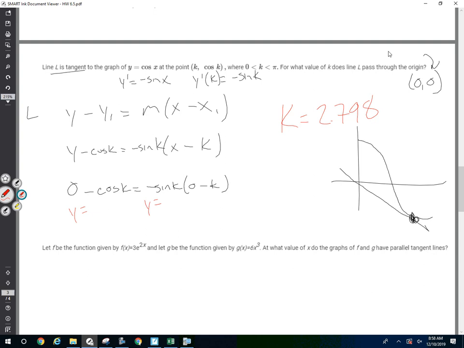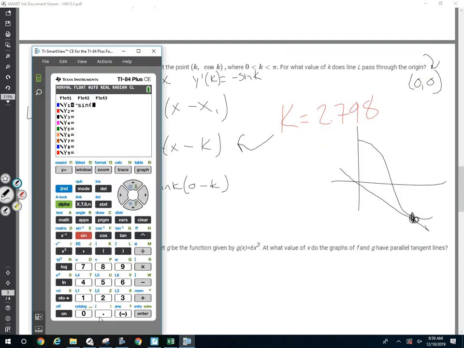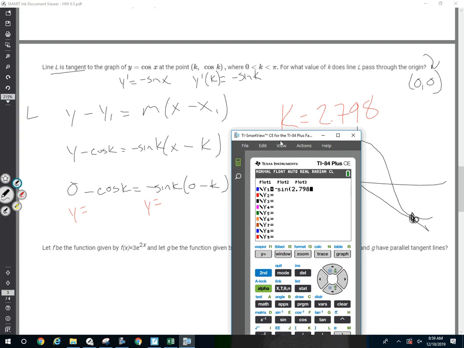Okay? Now, to confirm that this is true, if I looked at this equation with this value plugged in, as well as cos x, you should see a tangent line that passes through the point 0, 0. So I got negative sine 2.798. I should probably put in the entire decimal, but we'll be close enough.